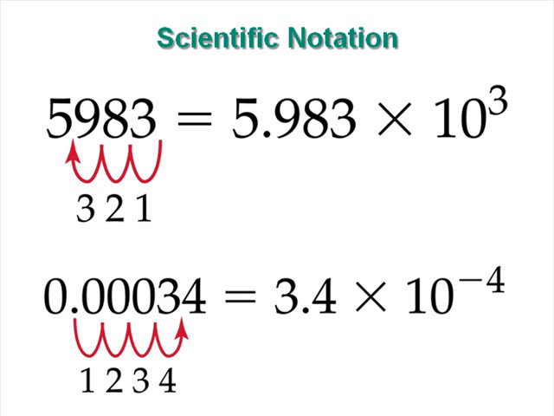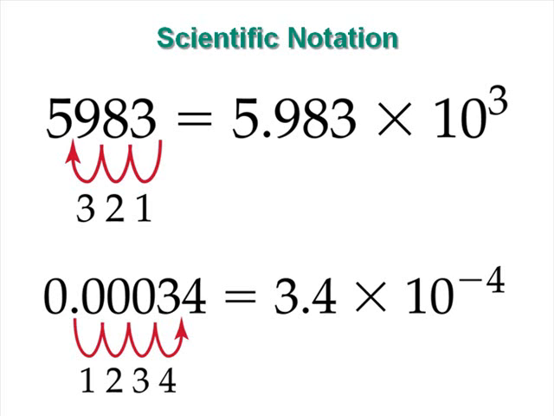And so we move the decimal in the upper example 3 places to get 5.983, and then we say times 10 to the third. In scientific notation, do we ever use a different base other than 10?